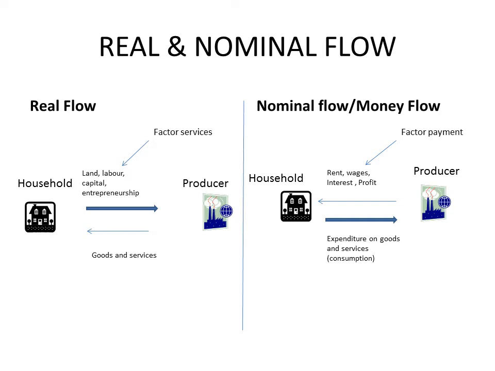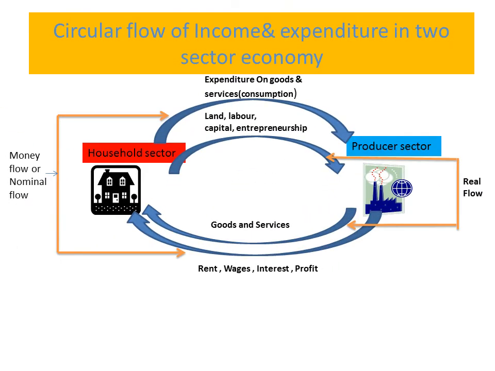Now both these separate diagrams we can see in one diagram, which we call the circular flow of income and expenditure in a two sector economy.